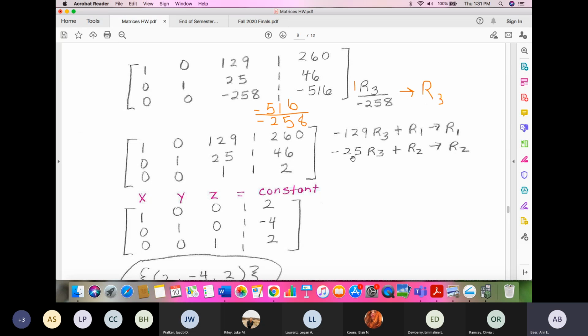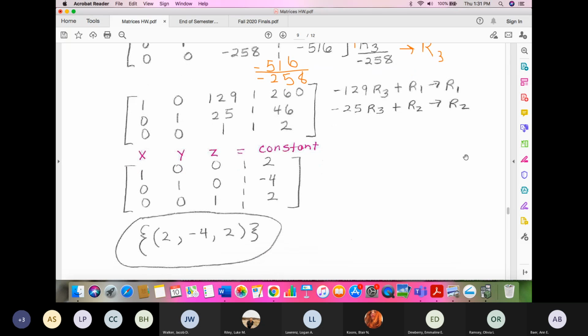So we get negative 25 times the row with the 1 in it, which is row 3, plus the row where we want a 0, which is row 2. And we're going to put that in the new row 2. I didn't write that out as detailed as I should have. So let's do a little calculation here.